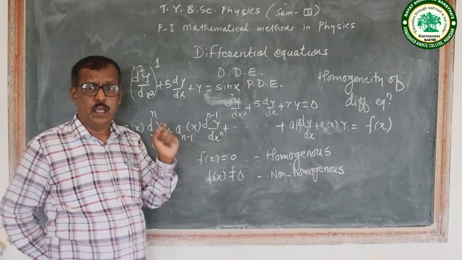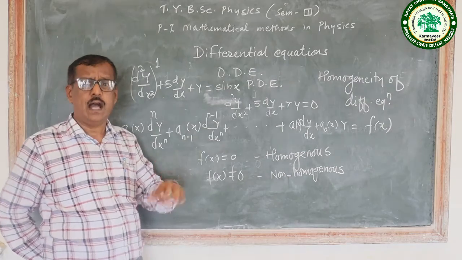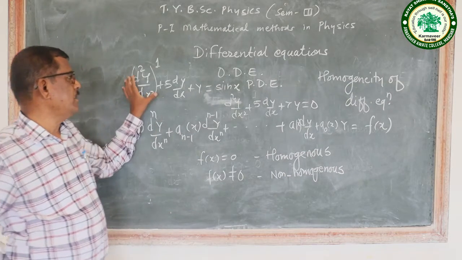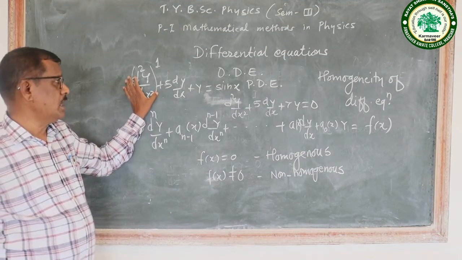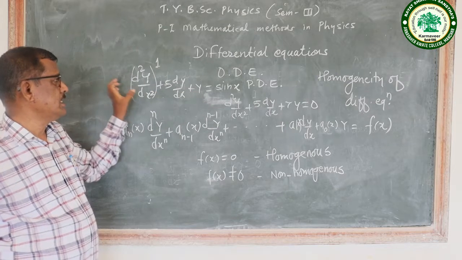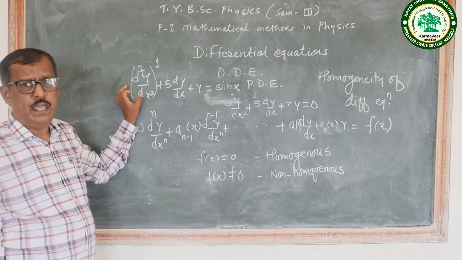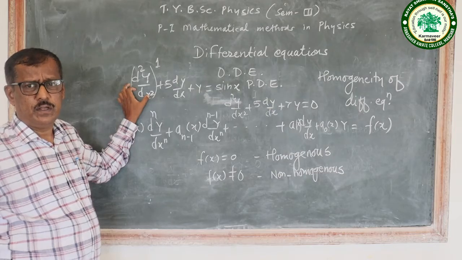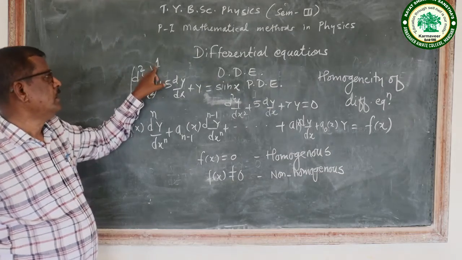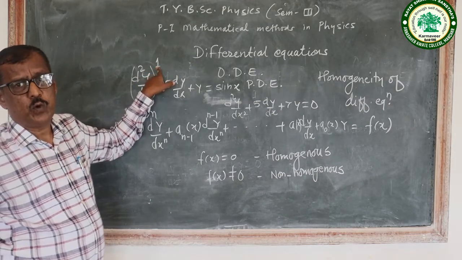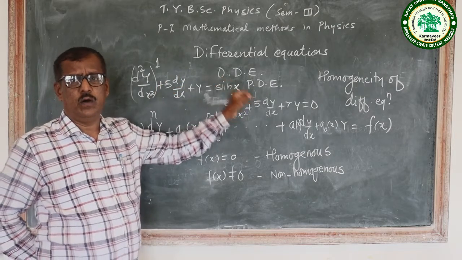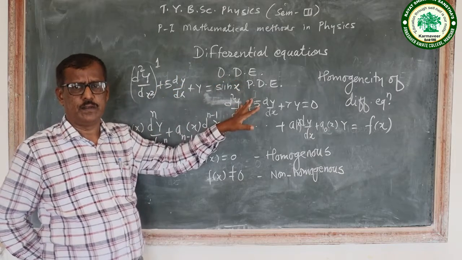The degree is the power of the highest derivative. What is the highest derivative in this differential equation? This is the highest derivative, and for it the power is 1. Therefore, 1 is the degree of the differential equation.